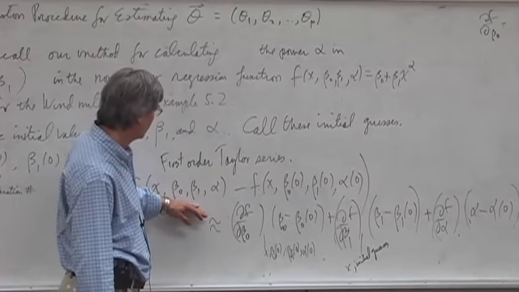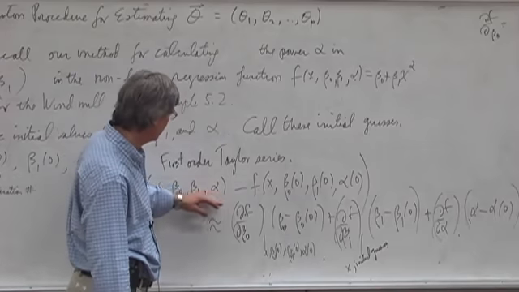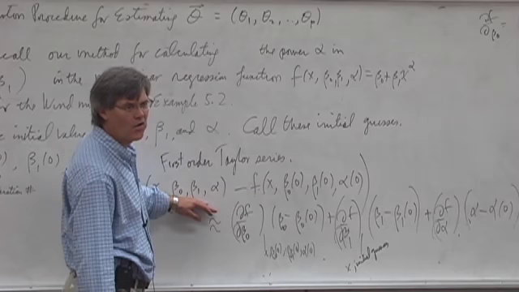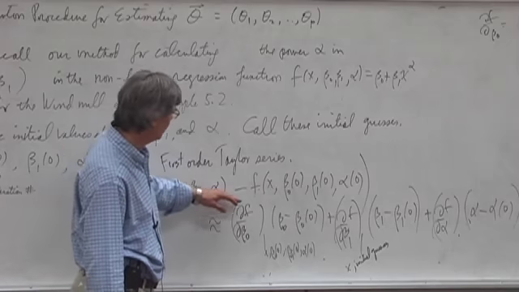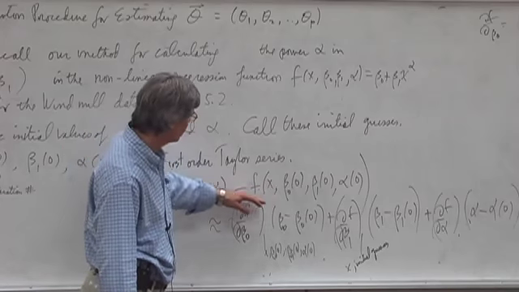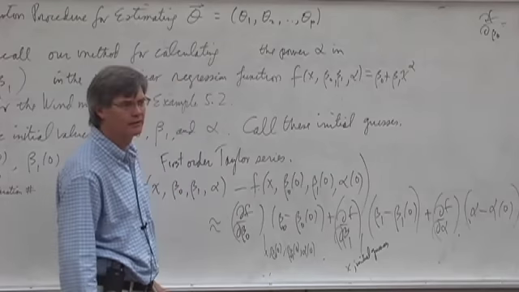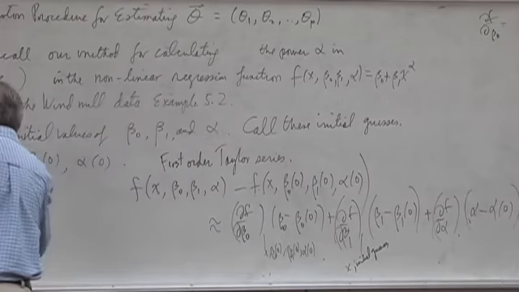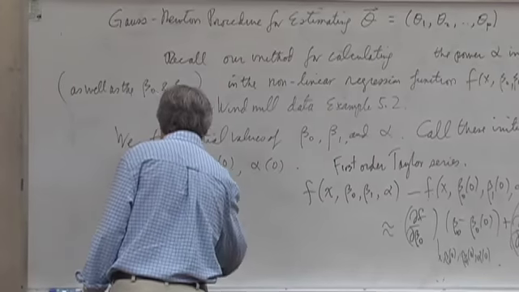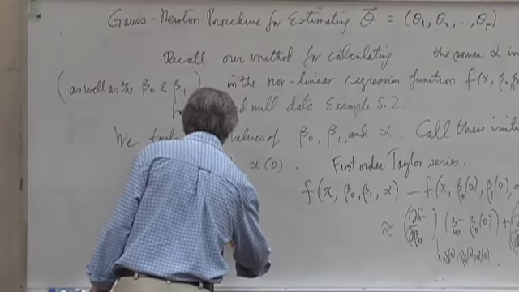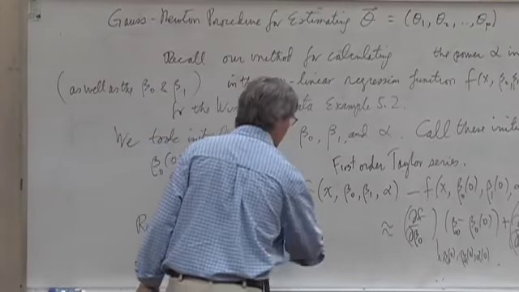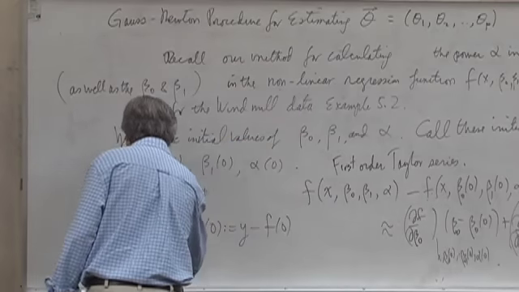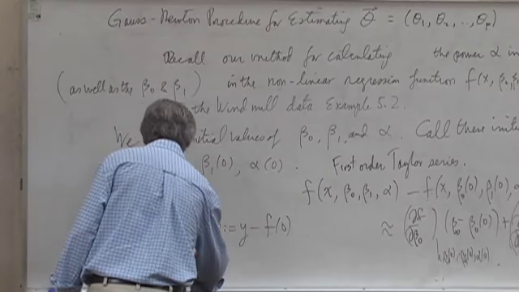So what I'm going to do is regress E naught, which is y minus f naught, where f naught is the initial fit.